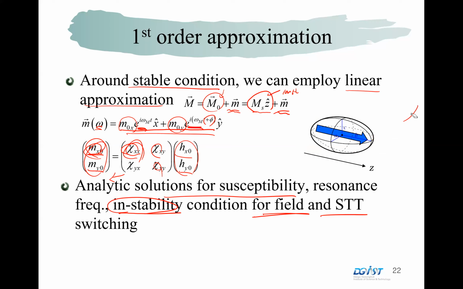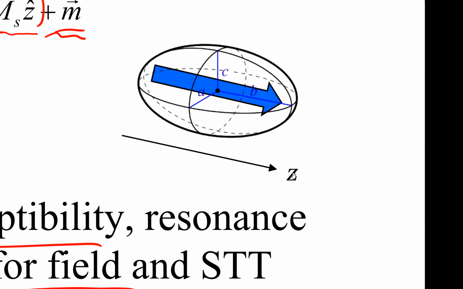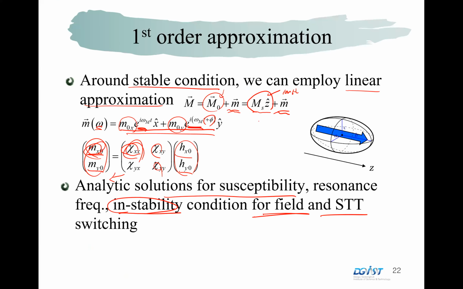So let's assume the magnetic moment is initially pointing in the z direction. That's why we assume such a magnetism is pointing in the z direction, and it has only xy components.